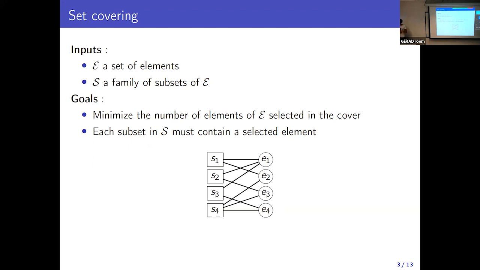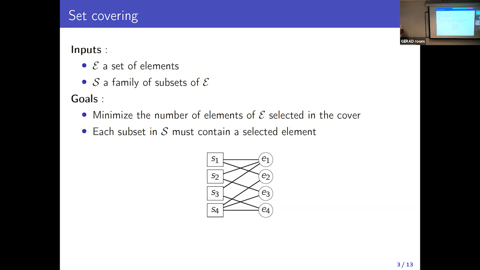The goal of the set covering problem is to select some elements from E1, E2, E3, E4, and try to minimize the number of selected elements.